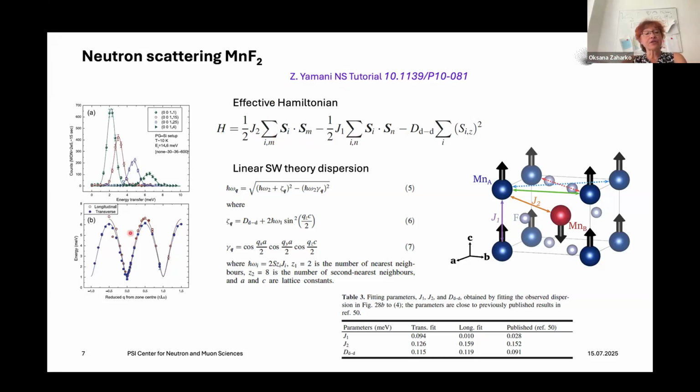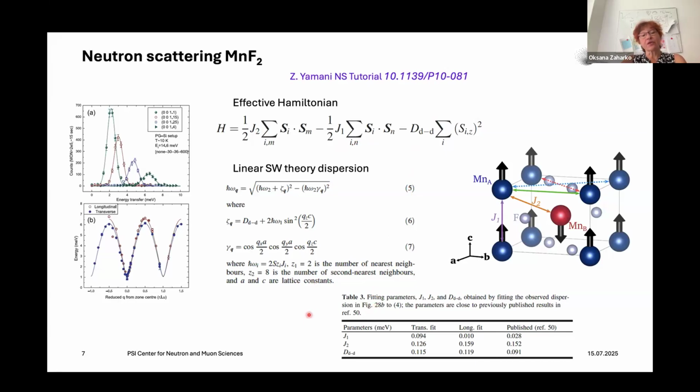And then you fit this observation to this model, and you get how well the model fits. And usually the simplest way is to use linear spin wave theory. Once more, you have dipoles, classical arrows which are moving in a coherent fashion, and you can then get this J1, J2, or whatever couplings, and anisotropy and other terms.